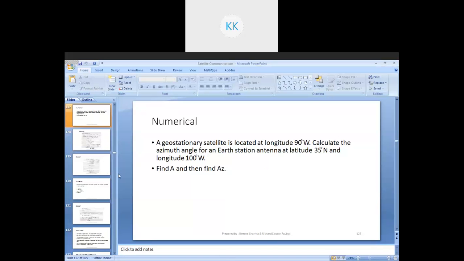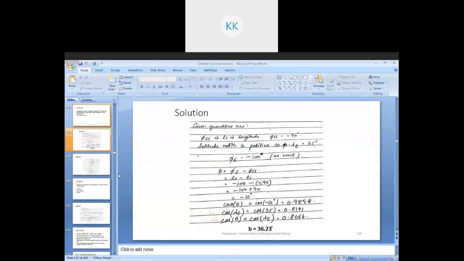Calculate the azimuth angle for an Earth station antenna at latitude 35 degrees north and longitude 100 degrees west. Always keep in mind south and west will be taken as minus, as we saw yesterday. So they're asking us to find the azimuth angle.